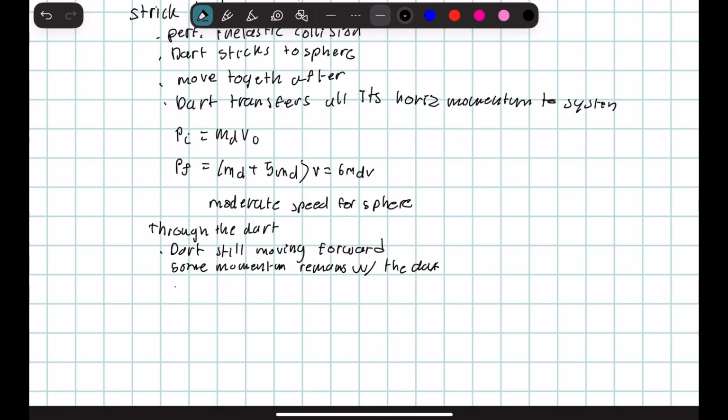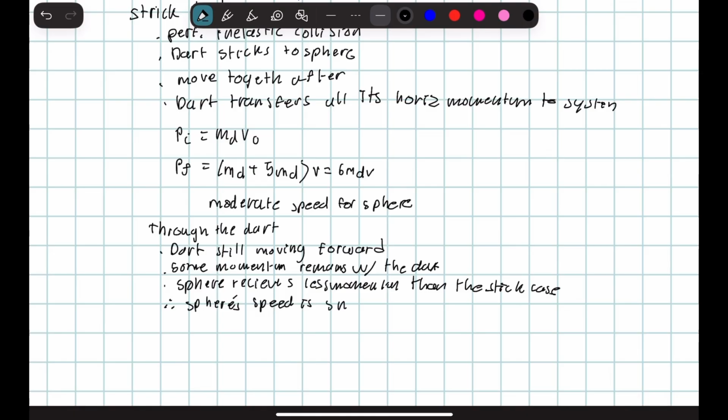So the sphere receives less momentum than in the stick case. Therefore, we know that the sphere's speed is smaller than in the stick case, and that the maximum height is smaller.